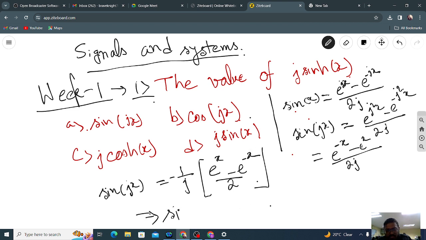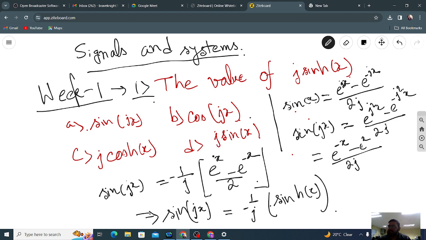So sine of jx equals minus 1 by j sinh of x. So this is the correct option.